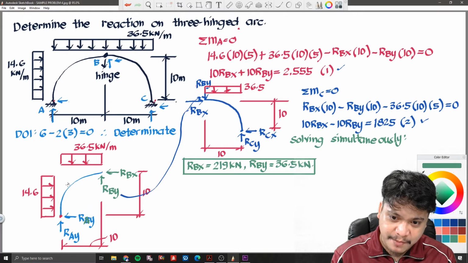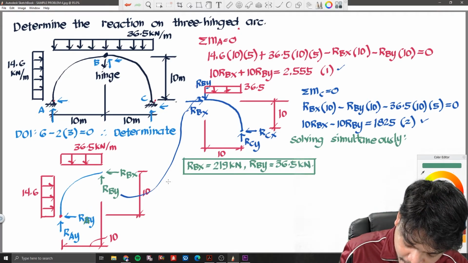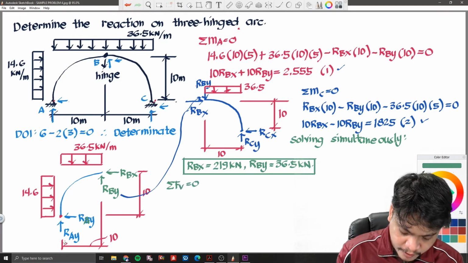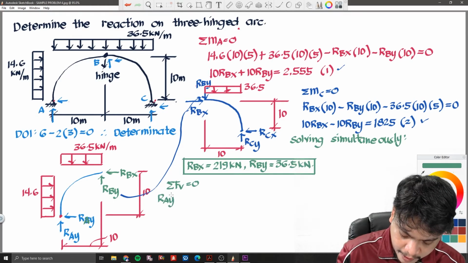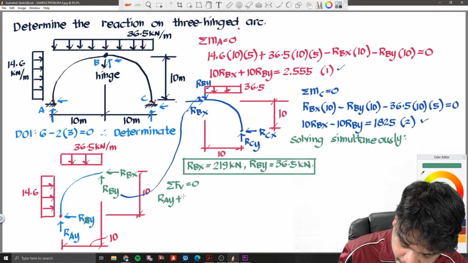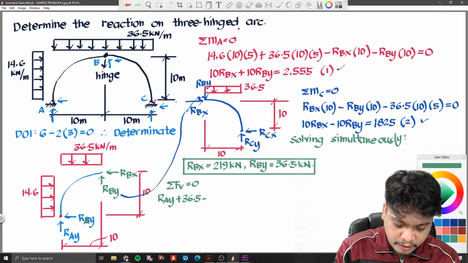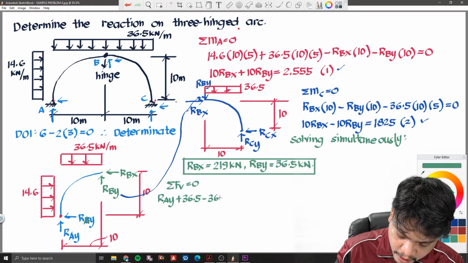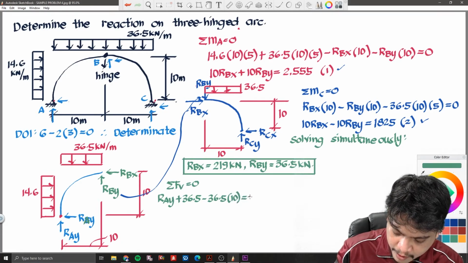Okay, on the first free body diagram, I can now take summation forces vertical equal to 0. So, I will now have here the RAY. Okay? And then plus the RBY. Pero may RBY na ako eh. So, that's 36.5. Okay? And then minus ako nung vertical load which is the 36.5 multiplied by 10 equal to 0.